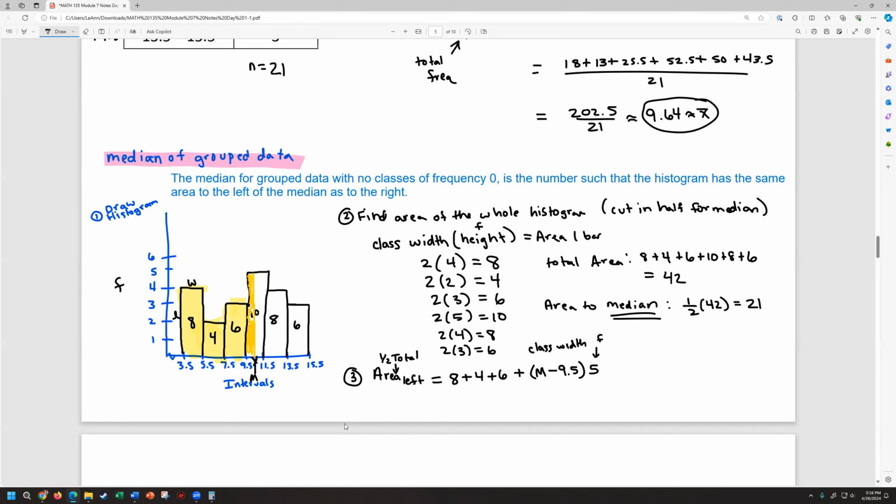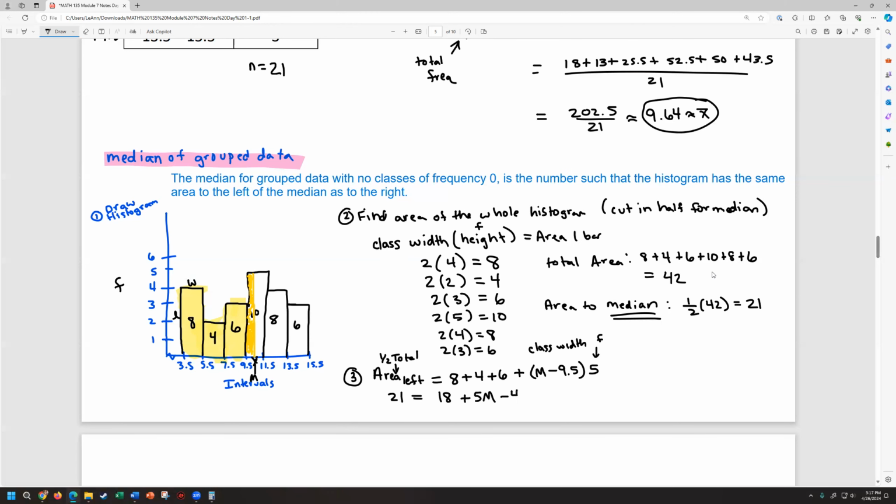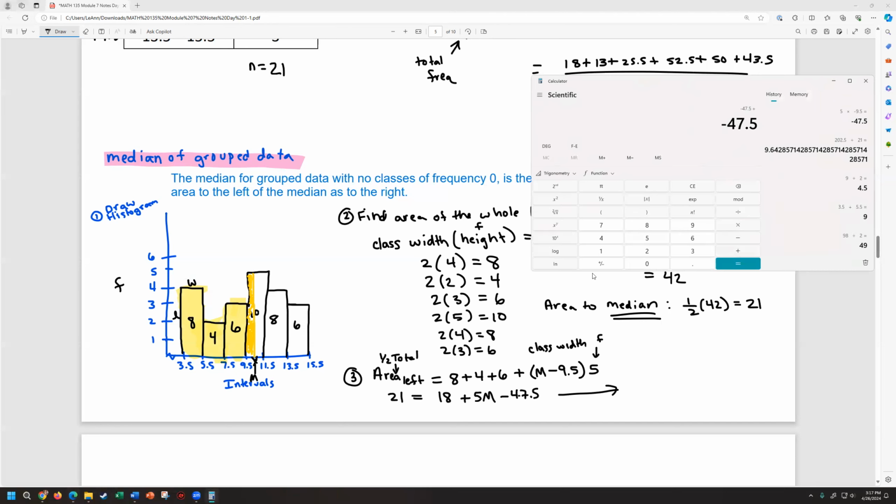Okay, so let's put in our numbers. We know it's 21 equals, I would probably go ahead and add these together. That's 18. And then I would distribute this. This is 5M. And then we need to do 5 times negative 9.5, which is negative 47.5. We can go ahead and add the 18 and negative 47.5 together since they're both on the right side.